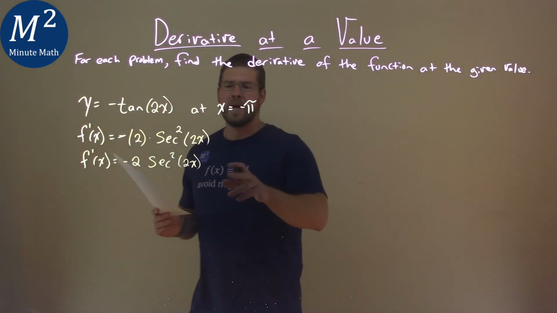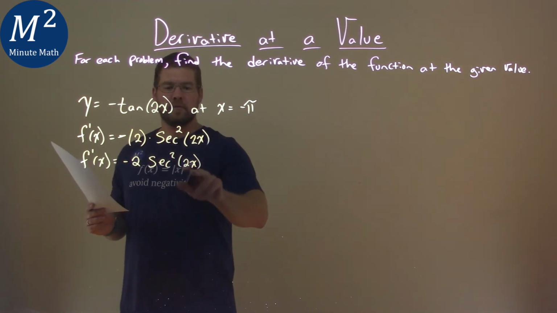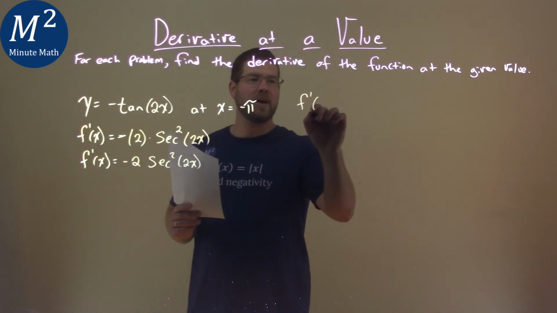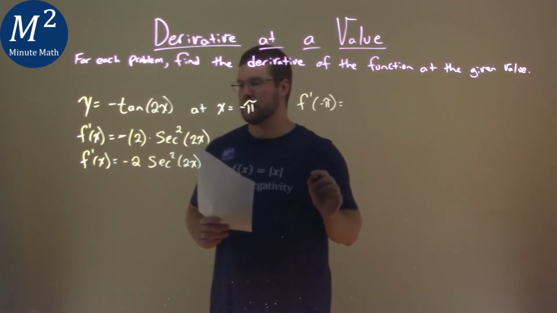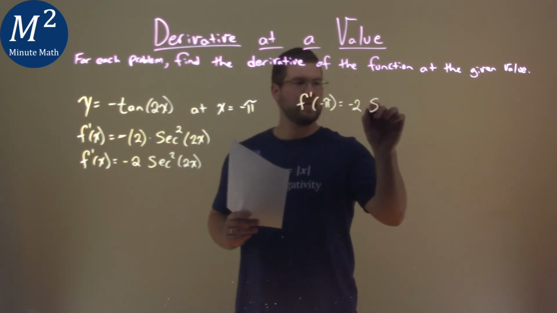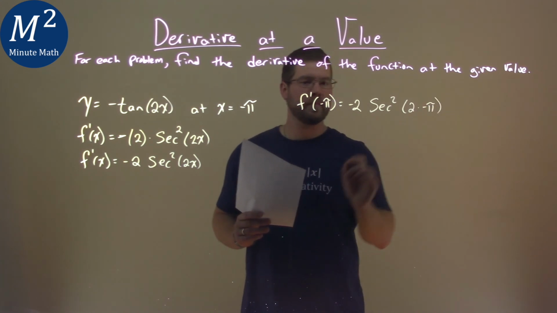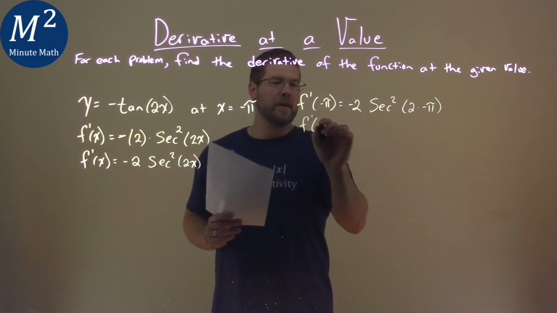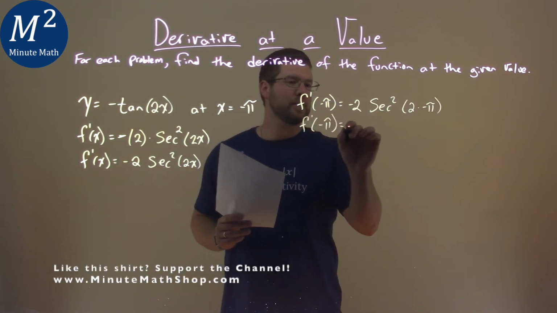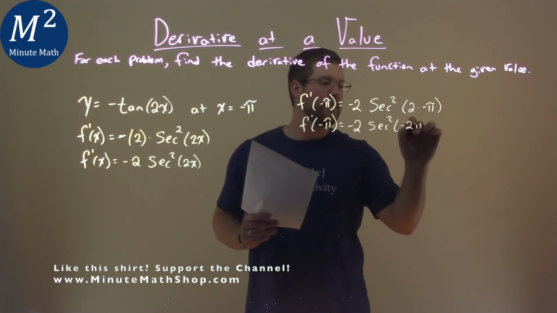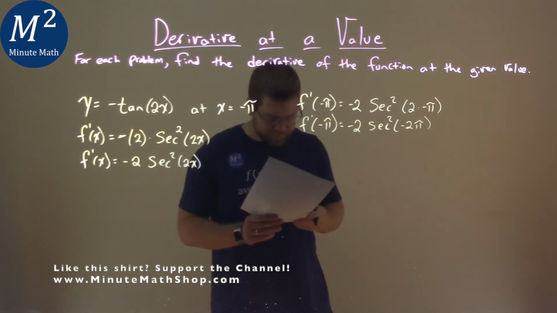So right now we need to plug in negative pi for x and solve for our f prime of x. So f prime of negative pi is equal to negative 2 secant squared of 2 times negative pi. Well, rewrite that out. F prime of negative pi is equal to negative 2 secant squared of negative 2 pi. Okay?